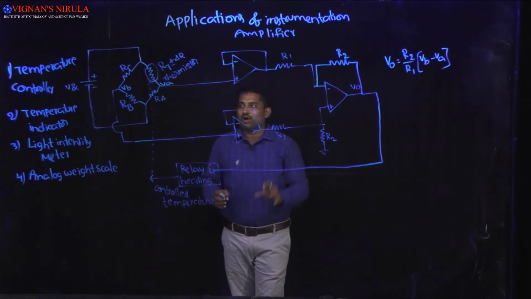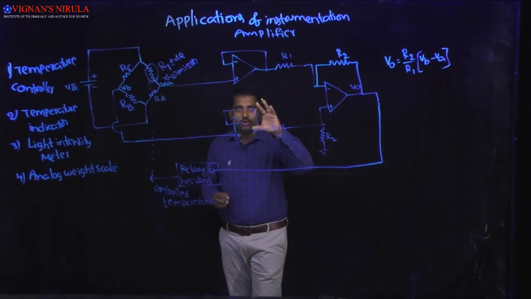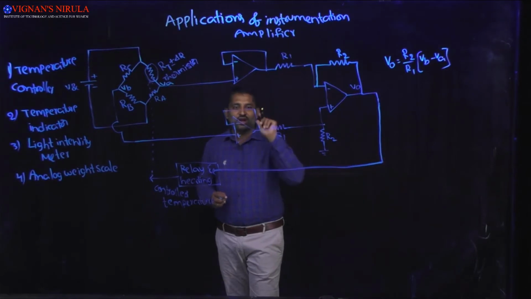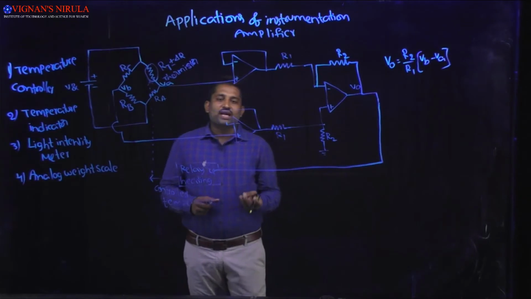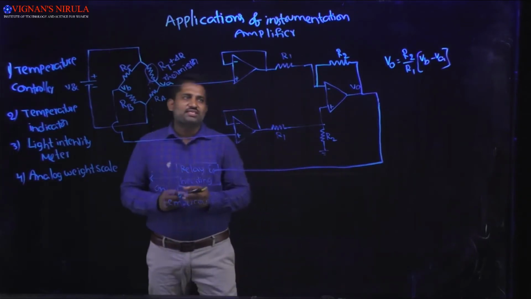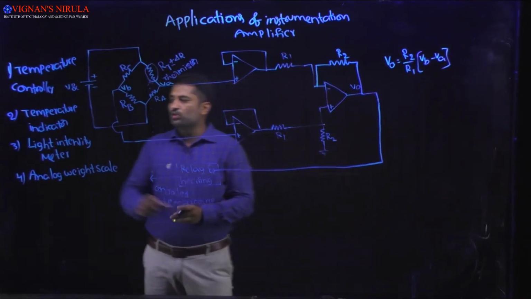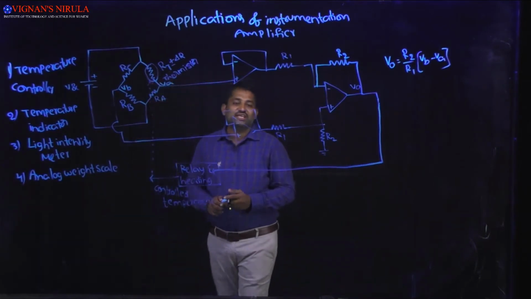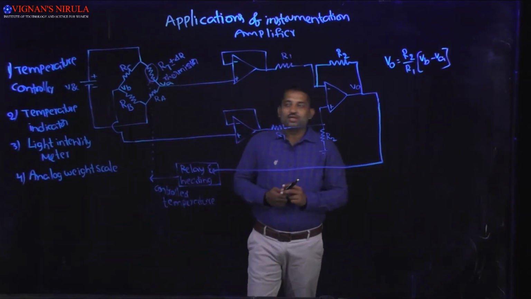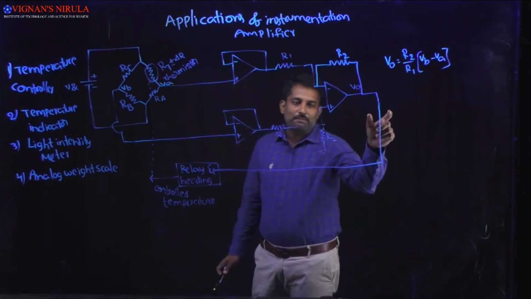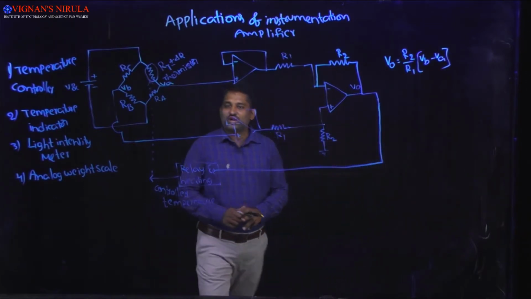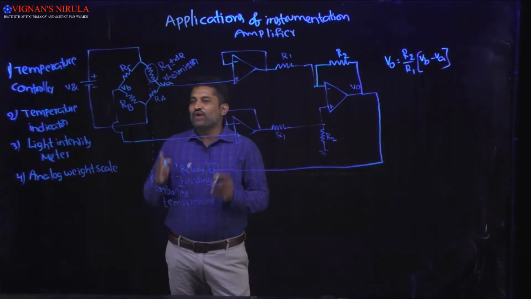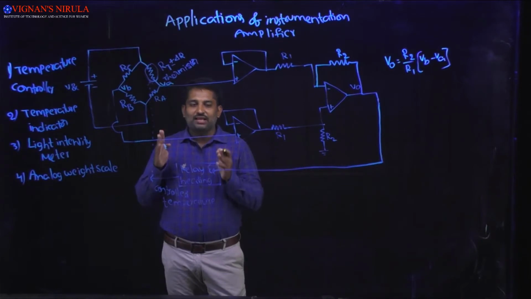I think now you can clearly understand one of the applications of the instrumentation amplifier. Now the same circuit can be used for the temperature indicator also. If you add a temperature indicator at the output of the instrumentation amplifier circuit, first we find the bridge balanced condition.